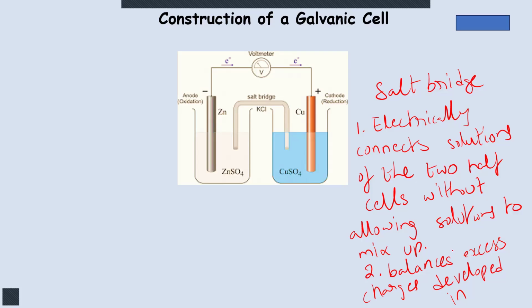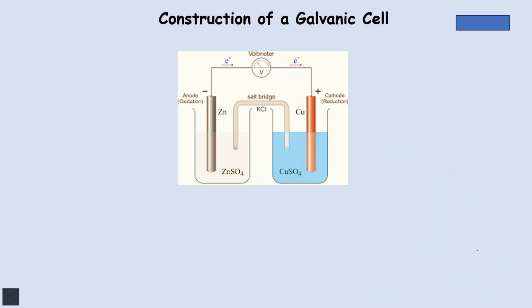So this is the role of the salt bridge. It electrically connects the solutions of the two half cells without allowing the solutions to mix up, and then balances or neutralizes the excess charges that develop in the solutions. So this is about the construction of the galvanic cell.